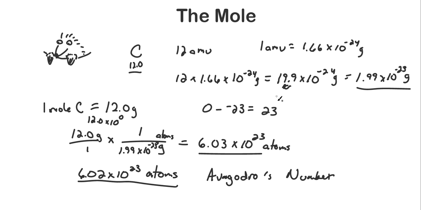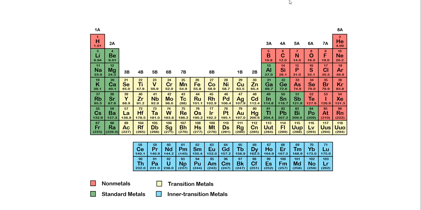So let's take a look at some other ones on the periodic table of elements. Okay, so here we are, the periodic table of elements. 1 mole of carbon was 12 grams. Now let's look at hydrogen. Its atomic mass is 1.01, so 1 mole of hydrogen will be 1.01 grams.